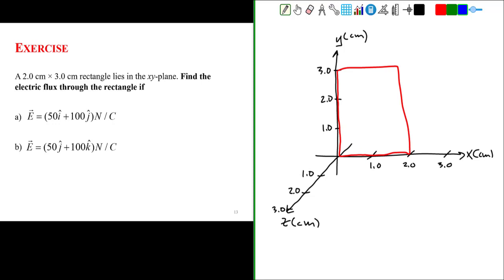The area vector is perpendicular to the rectangle, and for this problem, let's draw the area vector parallel to the z-axis. Since the area vector is parallel to the z-axis, its normal component will be k hat.